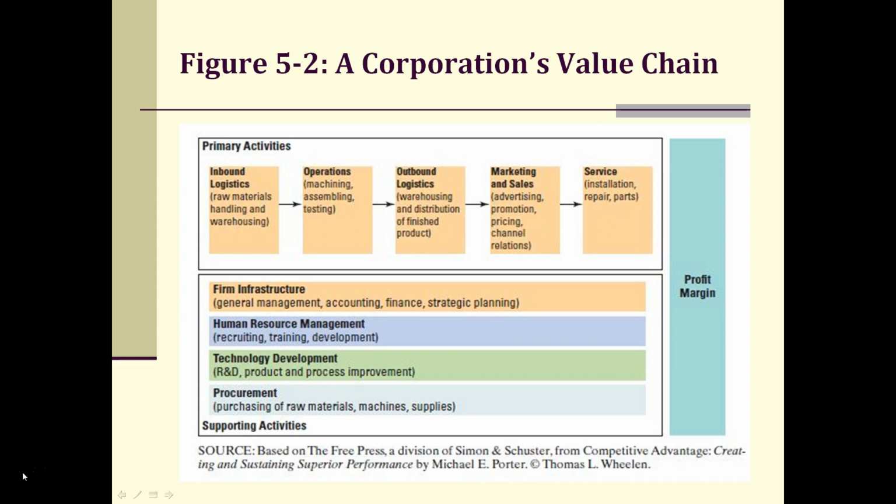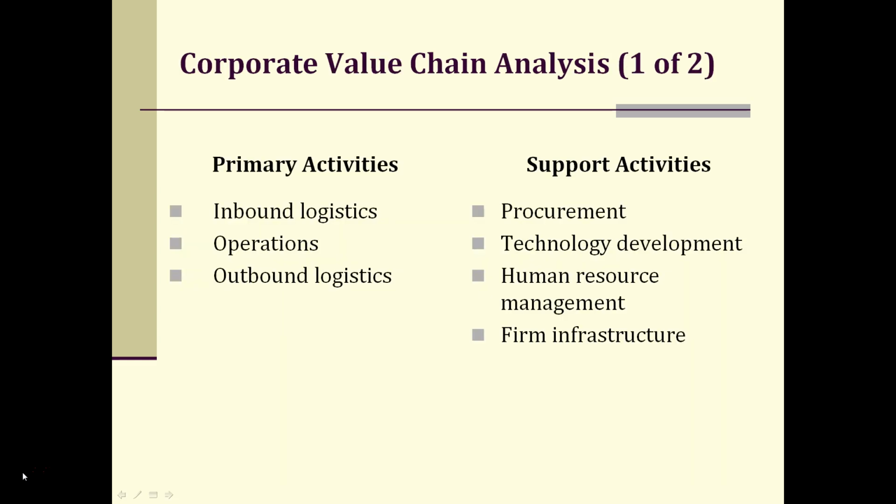So we can see in this next figure, 5.2, a corporation's value chain. So each corporation has its own internal value chain of activities, and this is an example of it. So Porter proposes that a manufacturing firm's primary activities usually begin with inbound logistics, raw materials handling and warehousing.